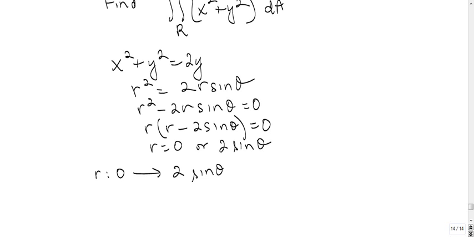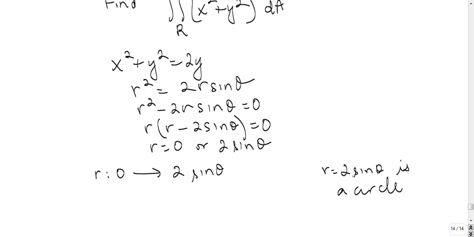Now, this is where I want you to be so careful. By the way, before I ask what your theta limits are, r equals 2 sine theta is a circle. Go back to Calc 2. Anything of the form a sine theta, where a is a constant, or a cosine theta, is a circle.